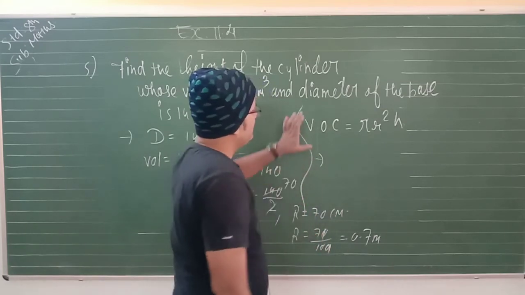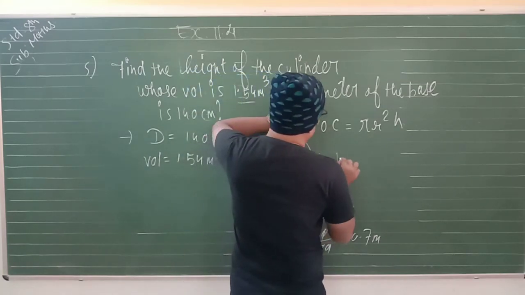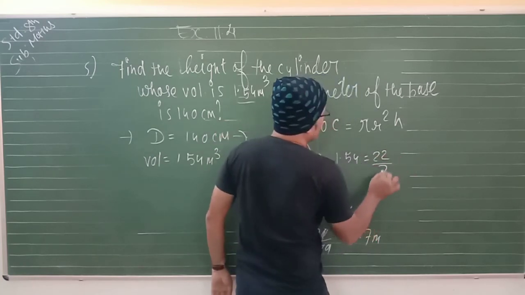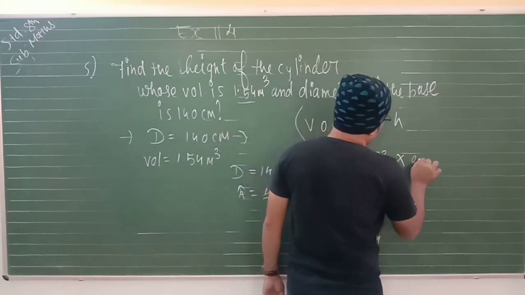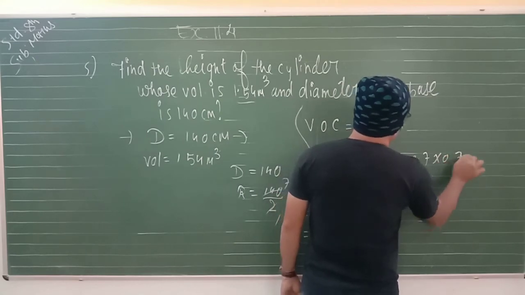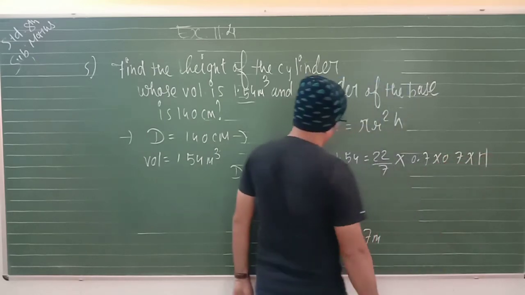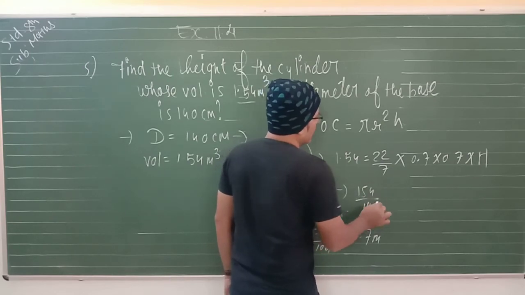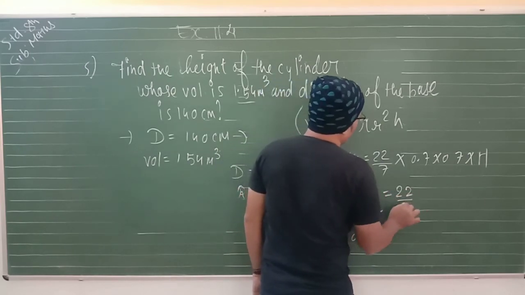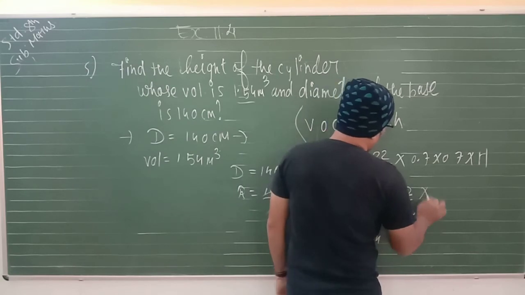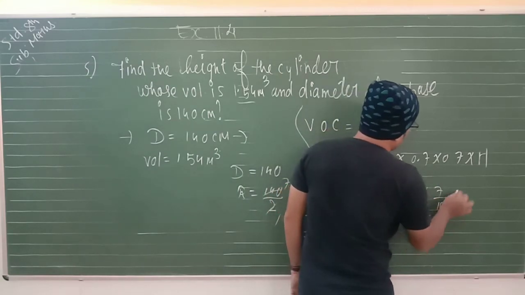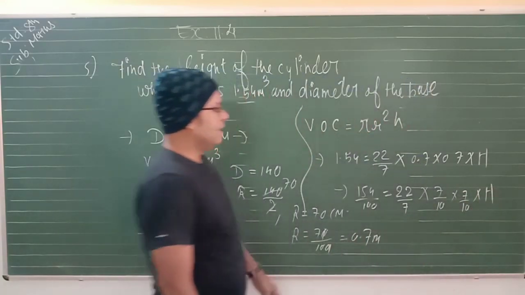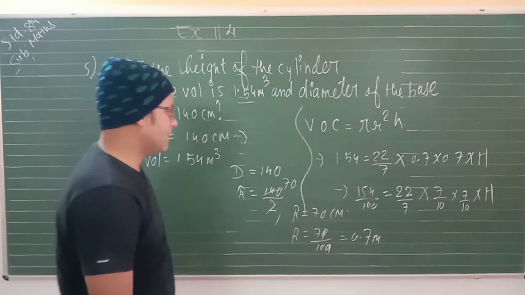Now you see here volume already given, 1.54 is equal to 22 by 7 into 0.7 into 0.7 into h. Now remove the point. So 154 upon 100 is equal to 22 upon 7 into 7 upon 10 into 7 upon 10 into h. See, we have removed the points.